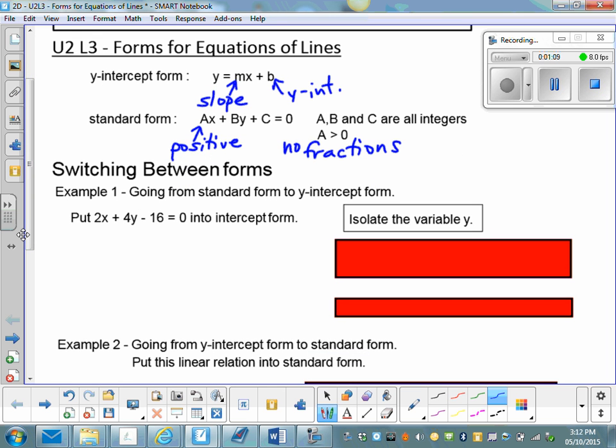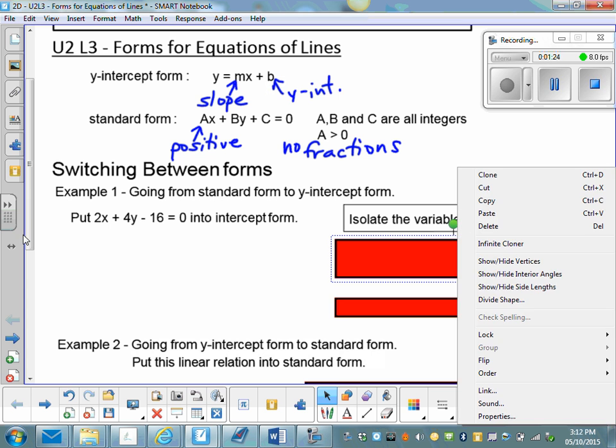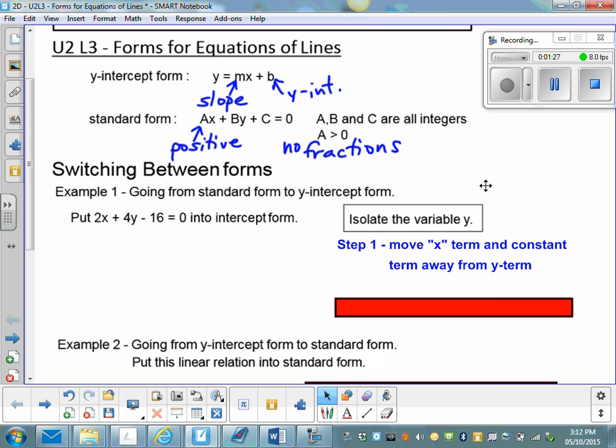So example 1 here, we're going to change an equation that's in standard form into slope y-intercept form. So we need to isolate the variable. The first step that we're going to take to isolate the variable is we're going to move the x term and the constant term away from the y term.